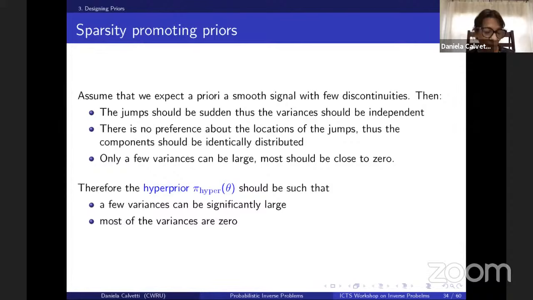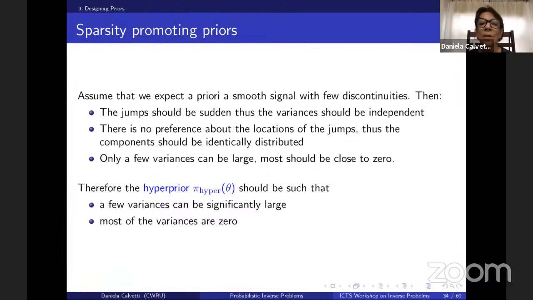So let's say that we want to encode this idea. We want to build a prior which tells us that there could be some sudden jumps, not many. If we want the variability of the signal to be sudden, then it makes sense that the variances of the innovations are independent.